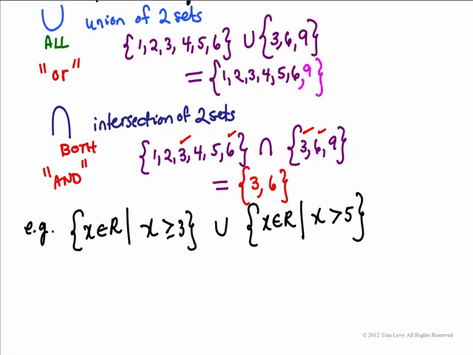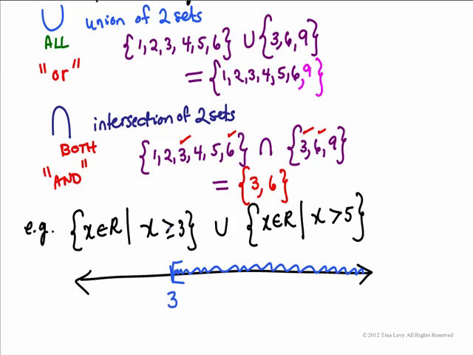We want the union. We'll use a number line so we can see what's happening. First set is all x's greater than or equal to 3. So if here's 3, then I have greater than or equal to 3. So I am shading in this area to the right because the inequality sign is pointing right.